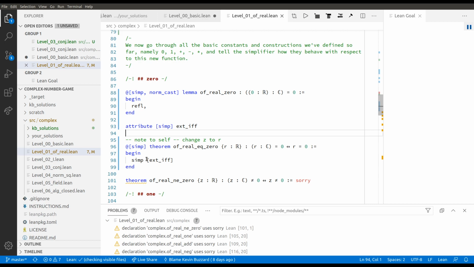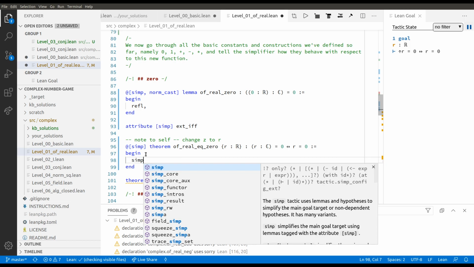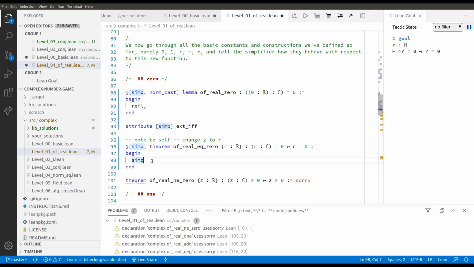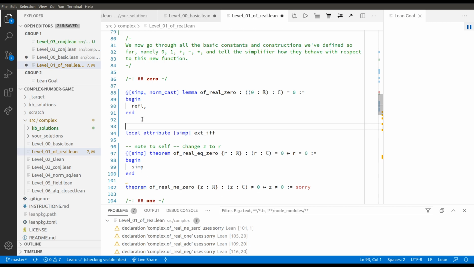If I tell the simplifier about that, then probably the simplifier will be able to do this. Yeah, the simplifier's done it, right? There's no errors. Maybe I should make this local. I'll make this a local attribute, so the simplifier knows about xdiff for this file only.